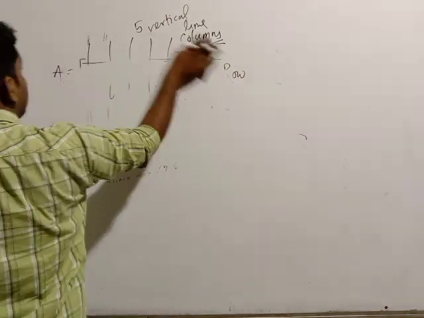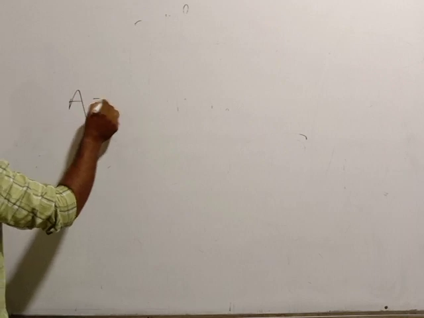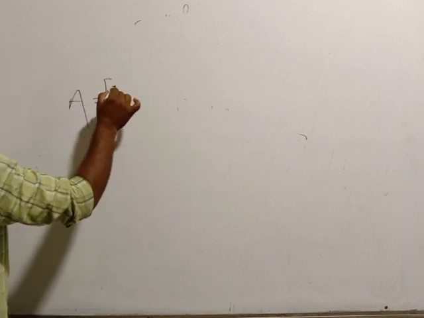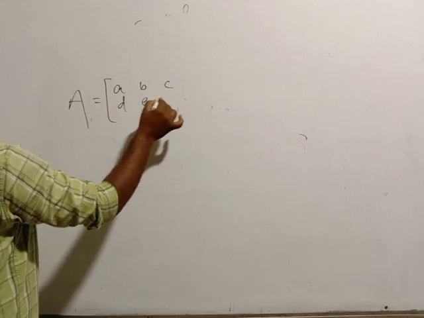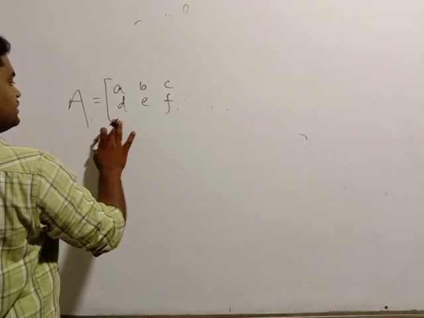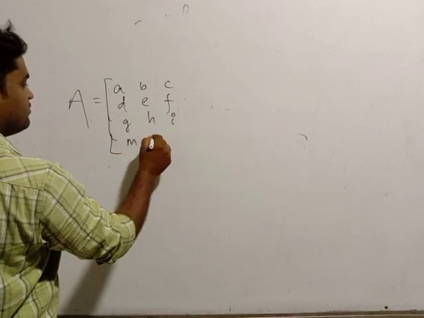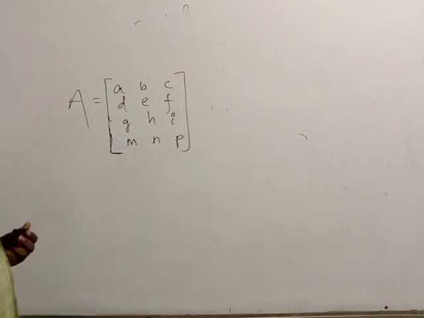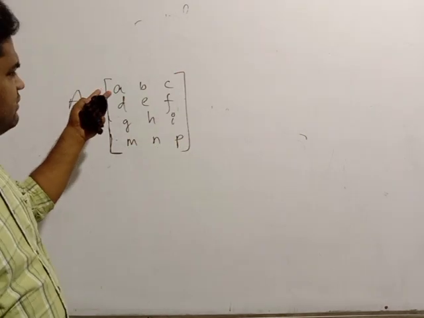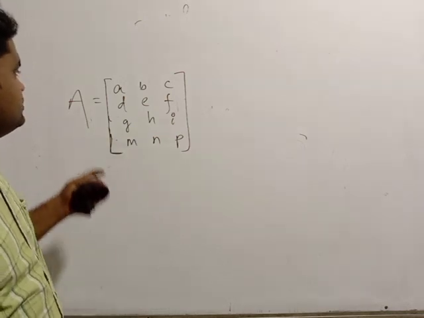Look at another example. Let A be a rectangular array or matrix A B C D E F G H I M N E. Here the numbers or alphabets A, B, C up to P are written in a rectangular form. So this is a matrix.